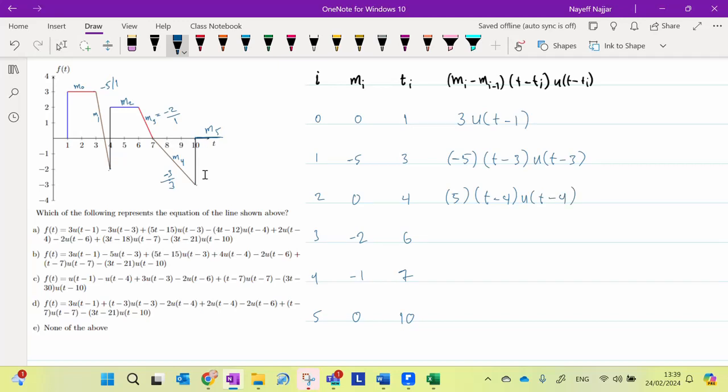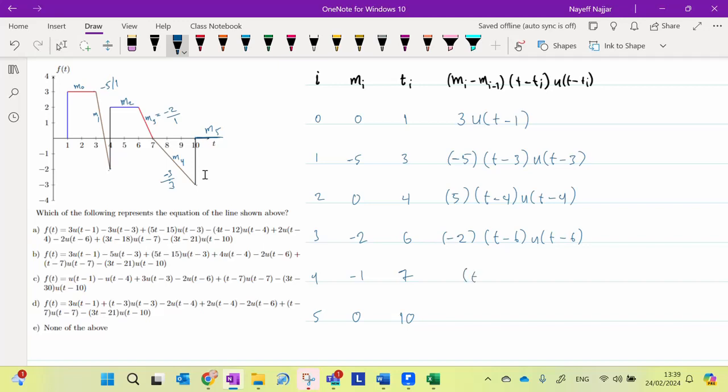Okay, and then here you have -2 -0. Okay, this is -2, and then you have (t -6) u(t -6). And then here you have -1 minus -3, that's -1 plus 2, that's 1.